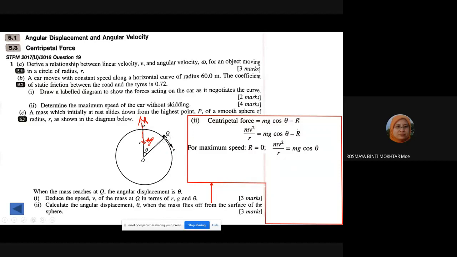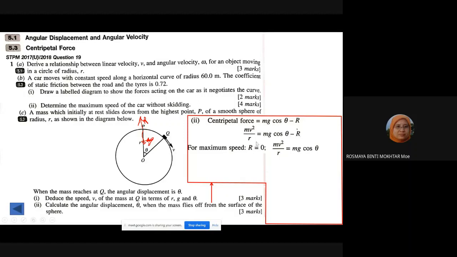So that's why the mass is not stable anymore, so it flies off from the surface. So that is why, to remain in centripetal force for the maximum speed, R equals to 0.